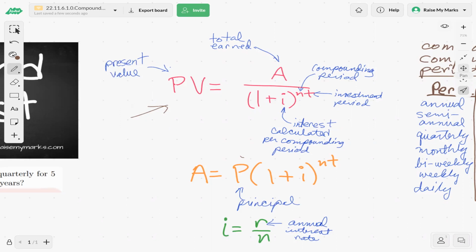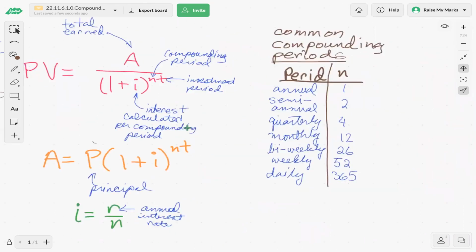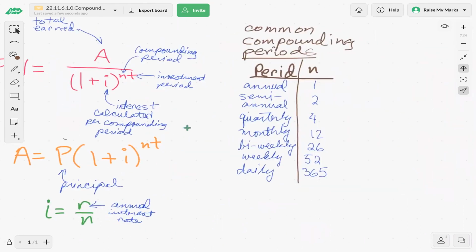If we scroll over to the right, we'll see some of the more common compounding periods. With simple interest, everything was annual, over a 1 year period. But with these compounding periods, now the interest is calculated at different time points.